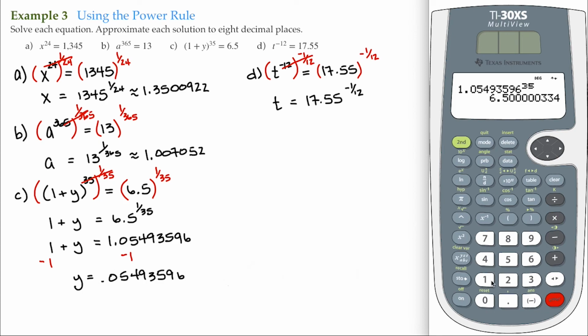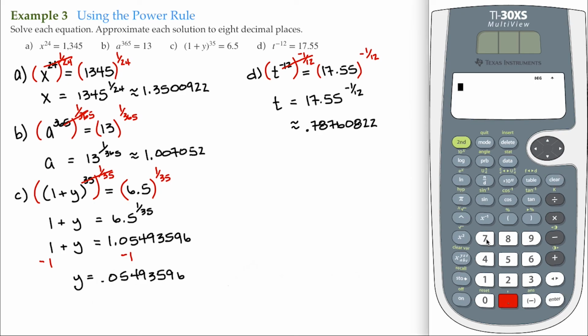Back over to our calculator, 17.55, raise that to the negative 1/12, we have our negative right here. Hit enter. That's approximately equal to 0.78760822.